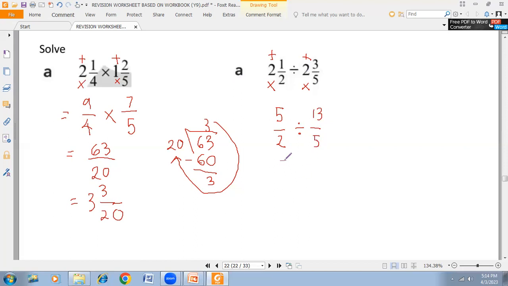The rule here is the first fraction, I have to rewrite it as it is, and divide, change it to times. 13 over 5 will turn into 5 over 13.